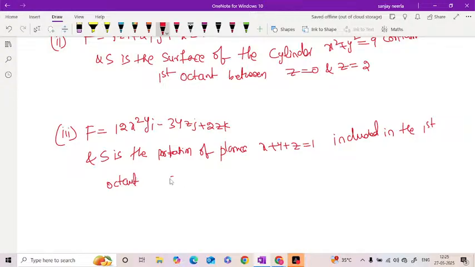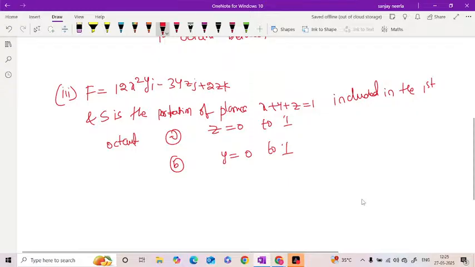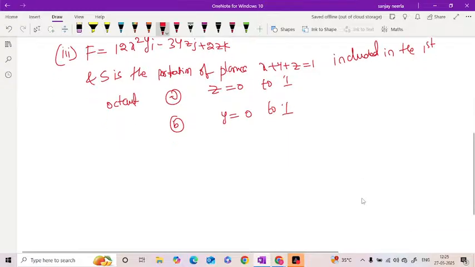Here z is 0 to 1, and y is 0 to 1. Try to solve the problems.